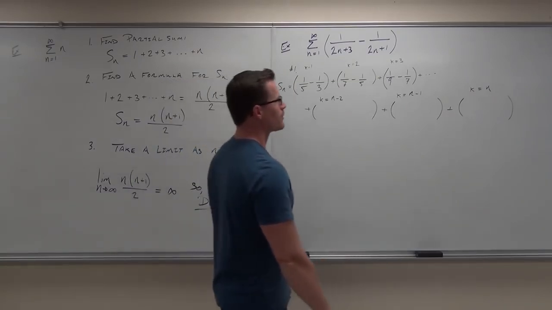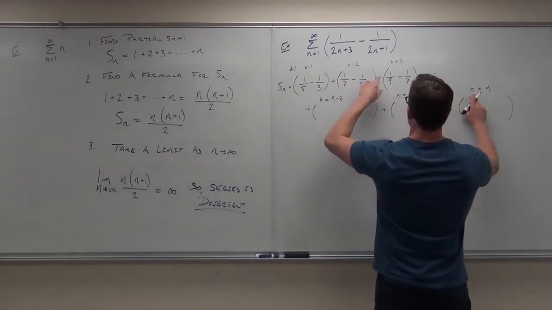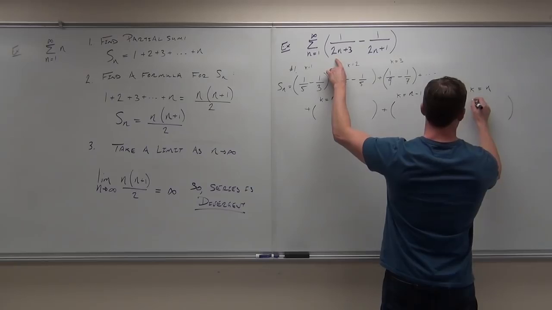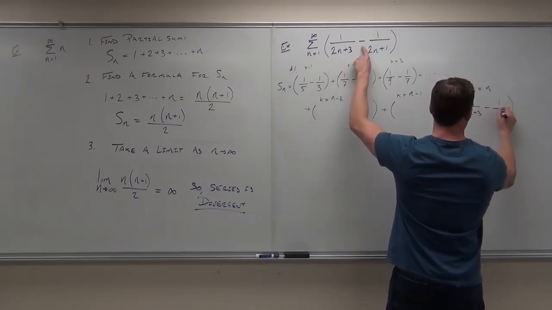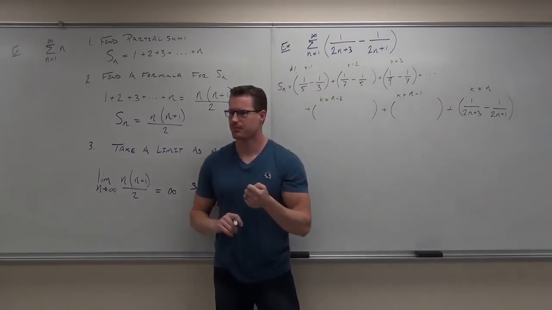A-okay. Now the last one's, I'm going to work backwards here. The last one's really easy. If I let these go to just n, I'm going to have 1 over 2n plus 3 minus 1 over 2n plus 1. Do you see where that one's coming from?